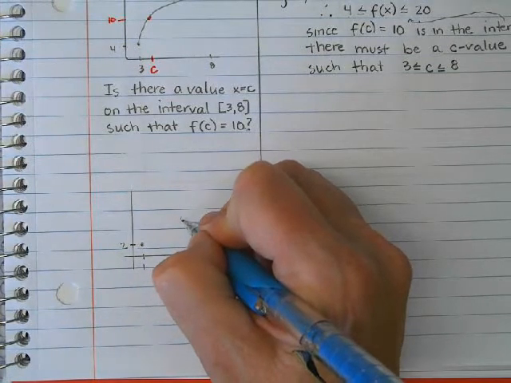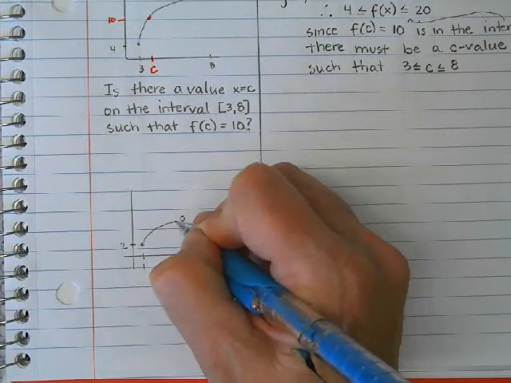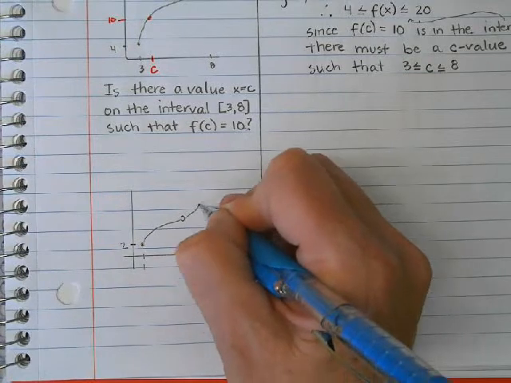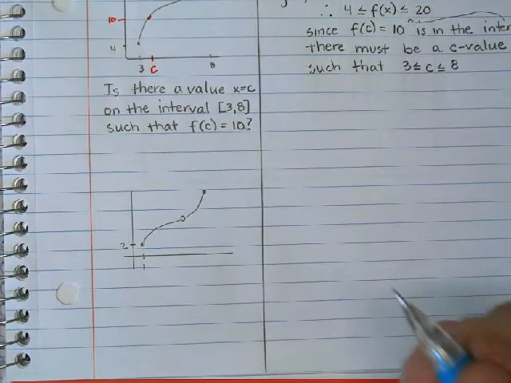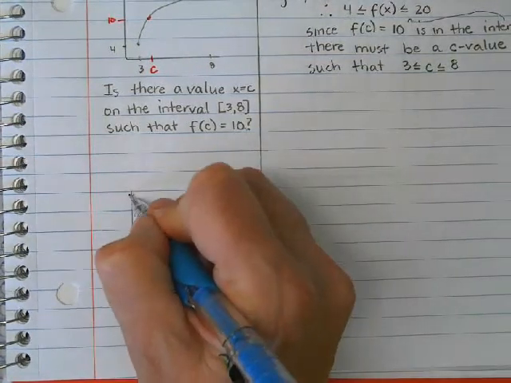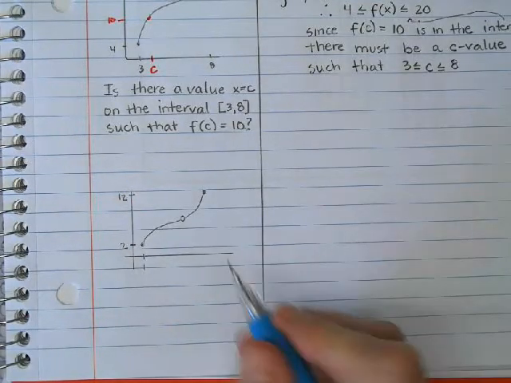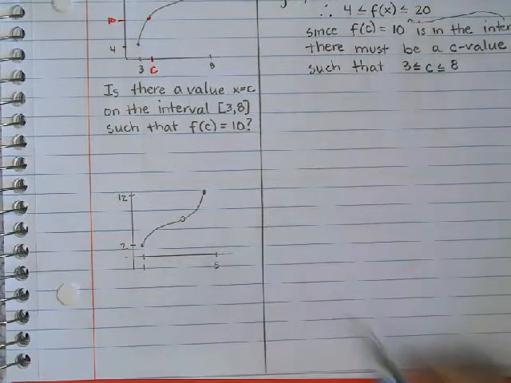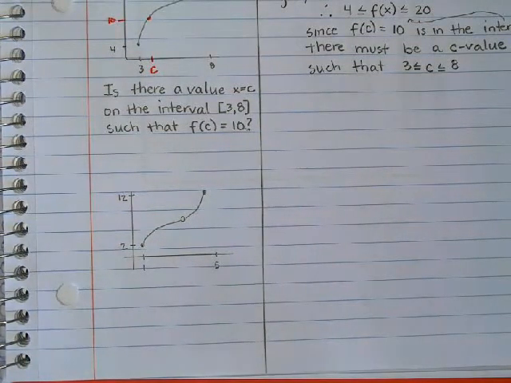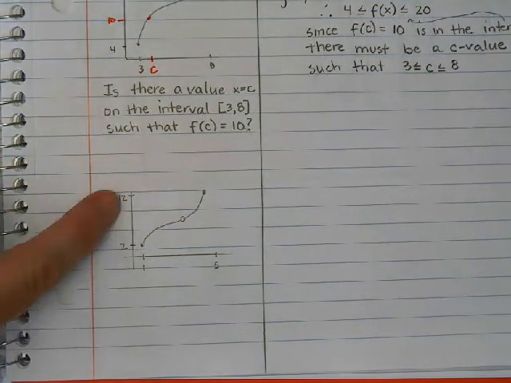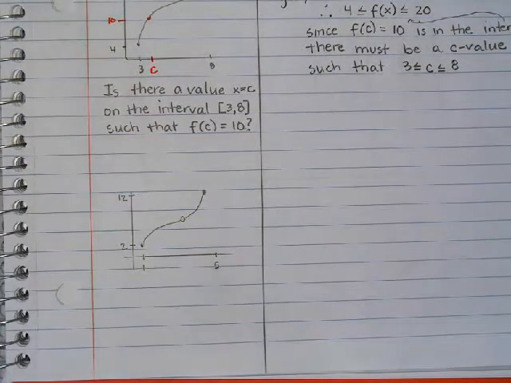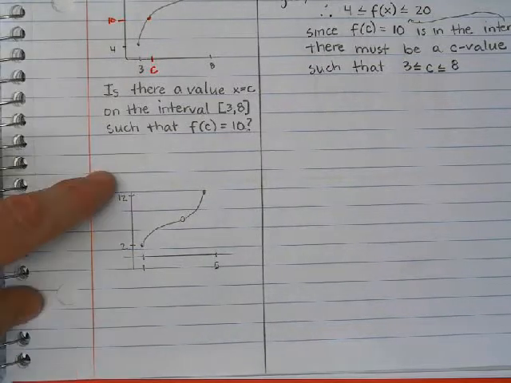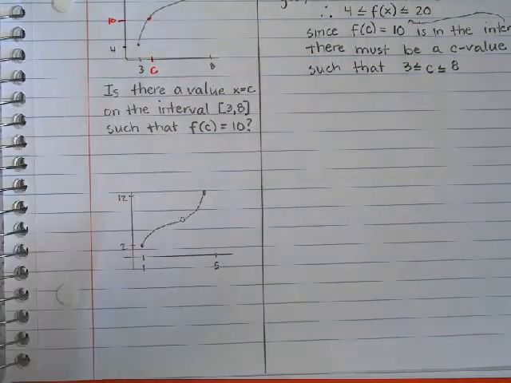And let's say we're going to have a hole in this one. And so it goes like that. And let's say that this up here is 12. And this right here is 5. So in this case, we don't have a guarantee that every y value from 2 to 12 is going to show up because there's a hole in this graph.